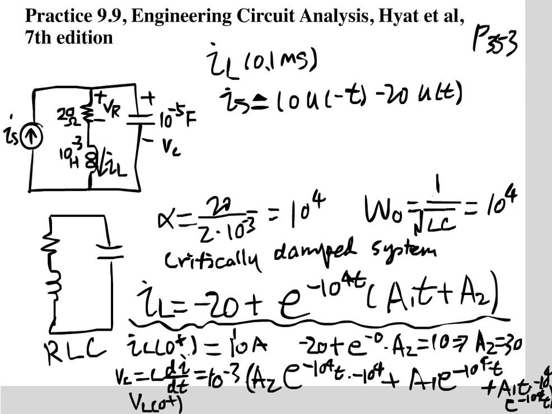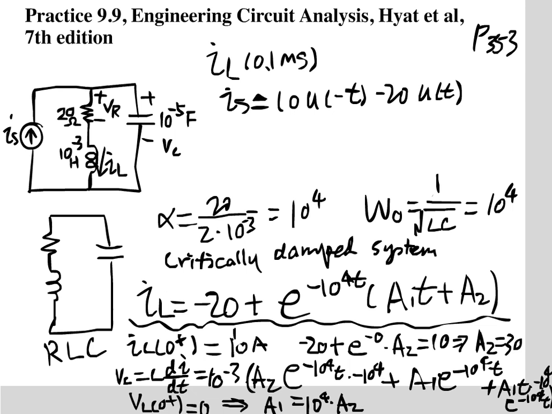But basically, you're going to evaluate VL at 0 plus. Well, we do know what the voltage at VC is, and we do know what is the voltage at VR. So VL at 0 plus actually is going to be equal to 0 volt.